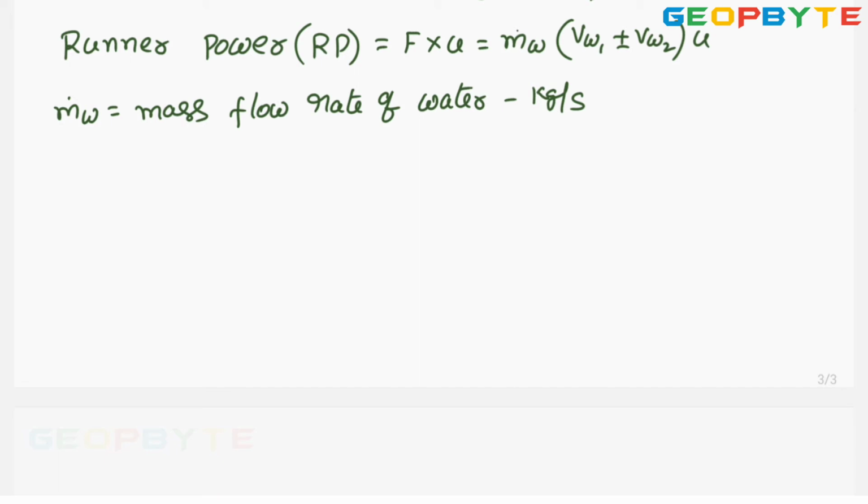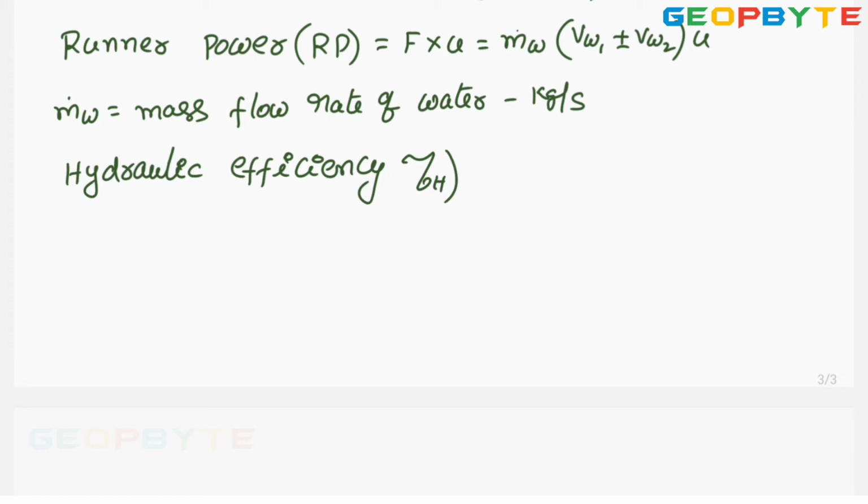Then the hydraulic efficiency. The hydraulic efficiency is equal to runner power by water power, the ratio between runner power and water power.